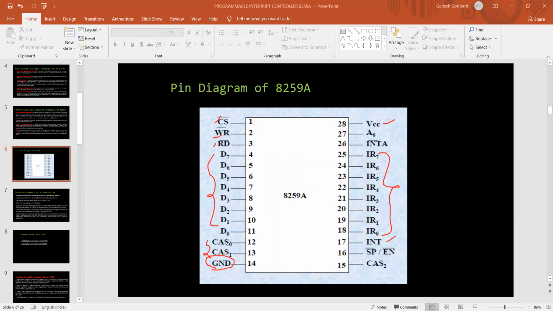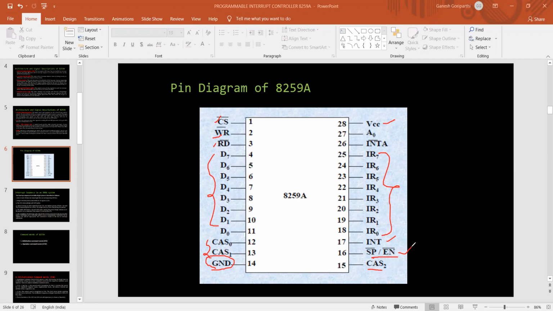CAS0, CAS1, and CAS2 are related to your cascade buffer block. These pins help you to select the 8259 in cascade mode, and this pin helps indicate whether it is working in cascade mode or normal mode.